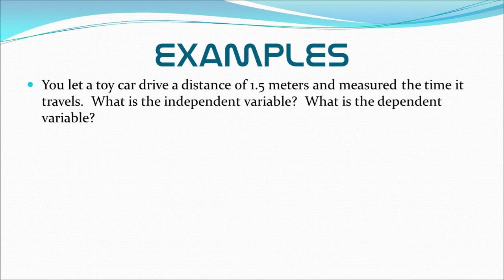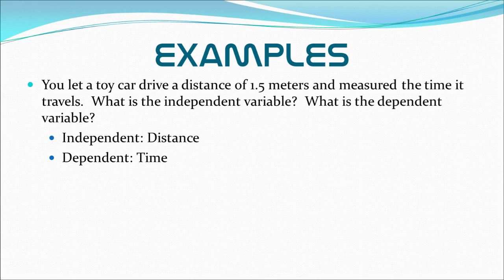Let's try some examples. You let a toy car drive a distance of 1.5 meters and measure the time it travels. What is the independent variable? What is the dependent variable? Well, my independent variable is distance. I chose 1.5 meters. My dependent variable was dependent on how far I allowed that car to drive.